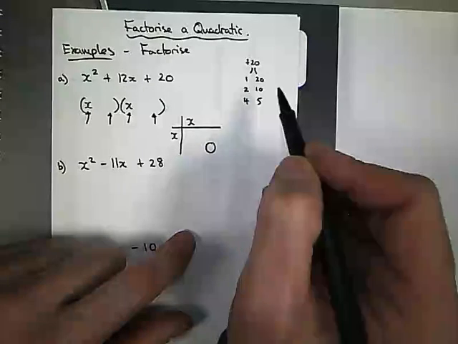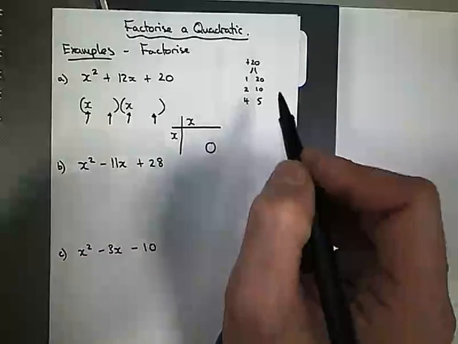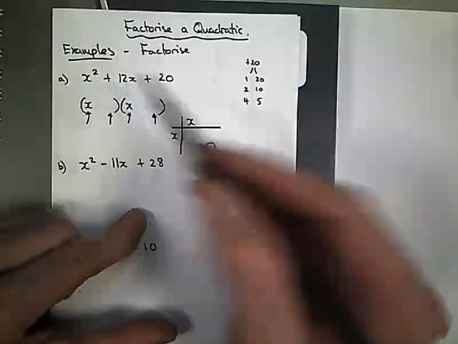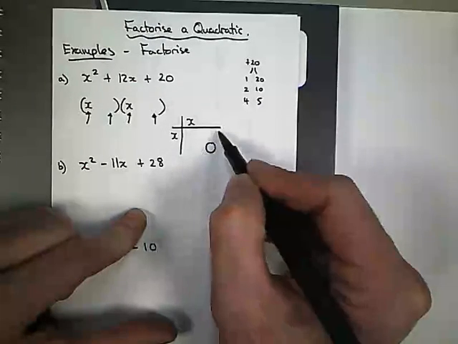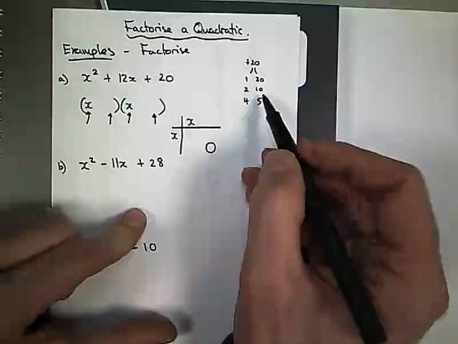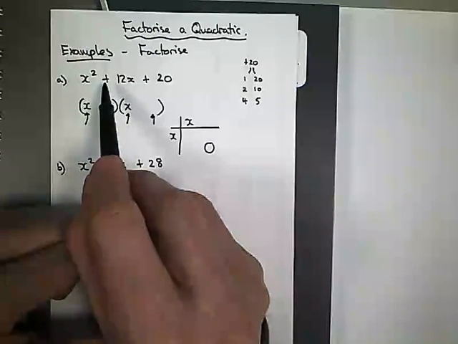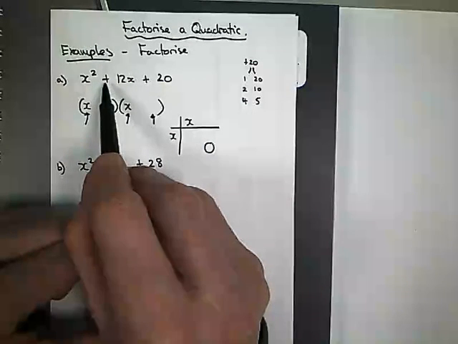Now the next step is to look at whether they're both positive or negative: it's the number that's in front of the x. Remember, I would be multiplying these numbers by x and then adding them together. If these were both negative, the sign in front of this number would be negative. If these were both positive, the sign in front of this number would be positive, and that's what it is.